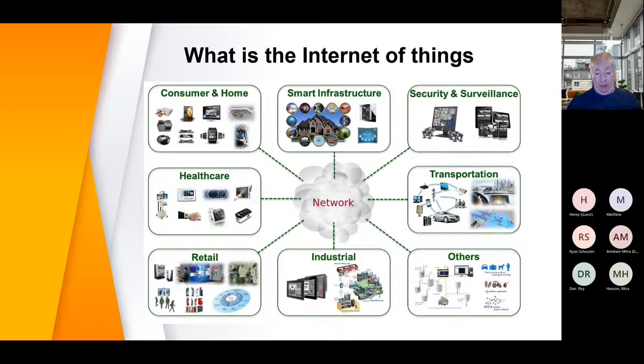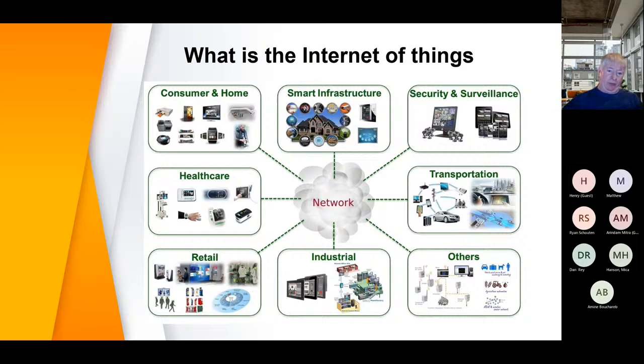A good one is Caterpillar, which uses IoT devices to monitor big engines on ships, turbines and things like that. You can imagine a ship going from the UK over to America, and something happens.